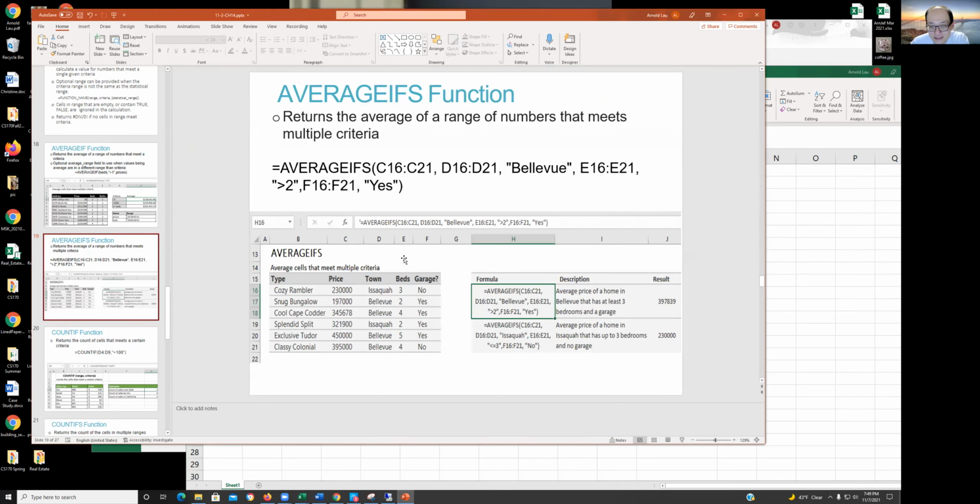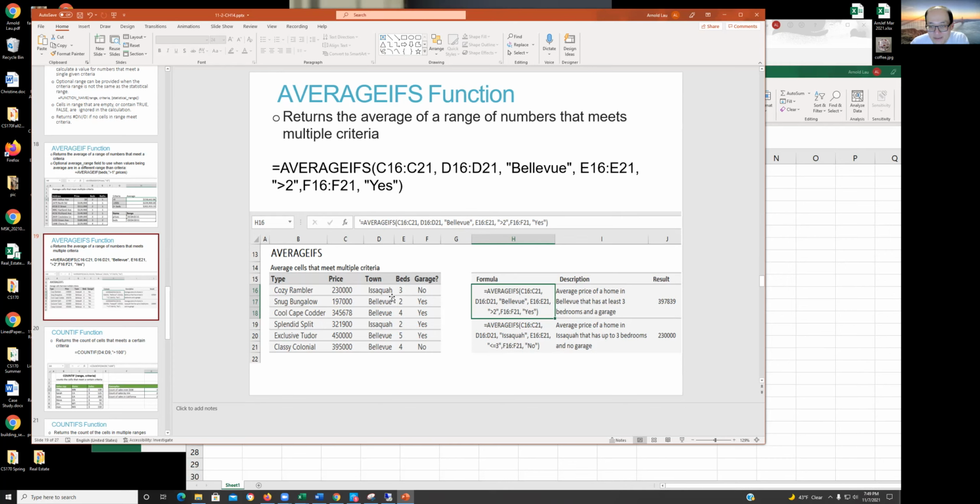Okay, and this highlights the same thing here. So you can see they use D16 to D21 here, and then they use the second range here, E16 to E21. So this is the D here, which they were looking for all the Bellevue ones. And then here, E16 to E21, they're looking for the number of beds greater than 2.